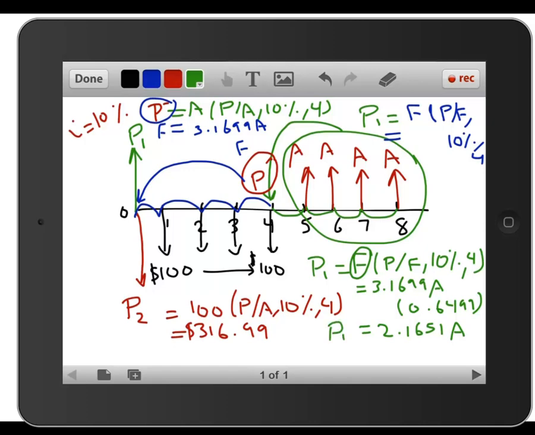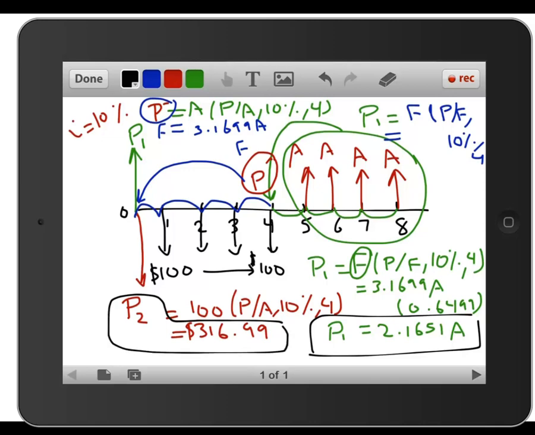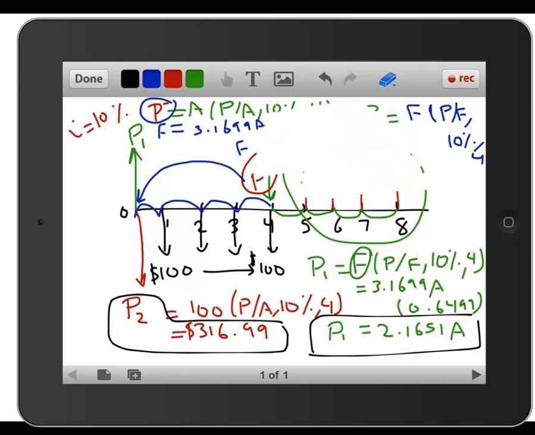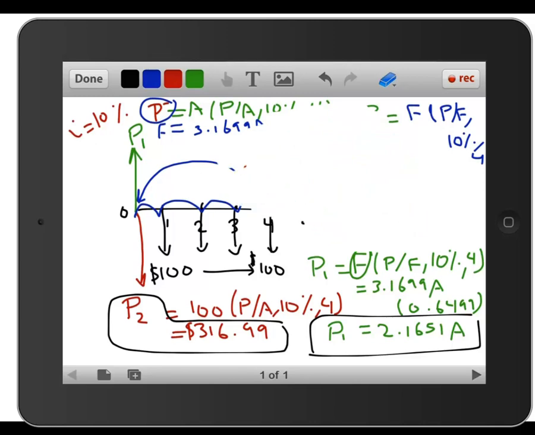So now I have P1. At the same time I have P2. What I'm going to do, I will make these two values equal. So let's get rid of some of the drawing here, and let's do some mathematical calculations.